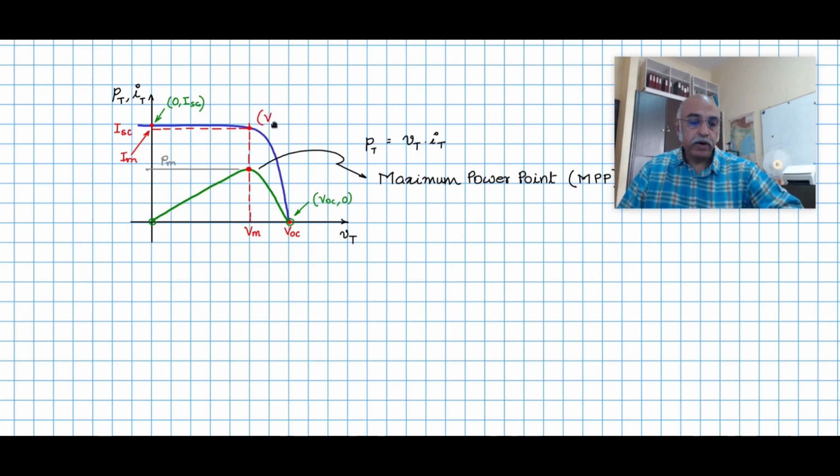And this operating point is Vm, Im. So this corresponds to the operating point where the power is maximum. Therefore, it is called the maximum power operating point. So this is an important operating point, because we would like the PV source to operate at this point where it can deliver the maximum power to the load.